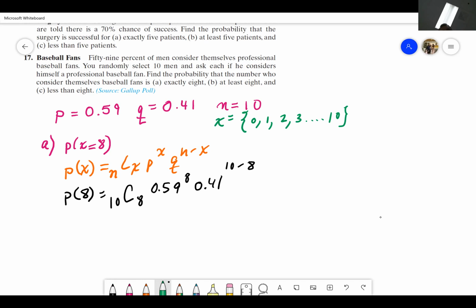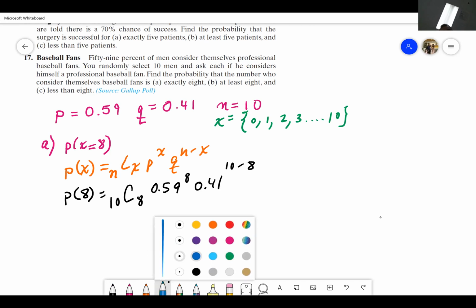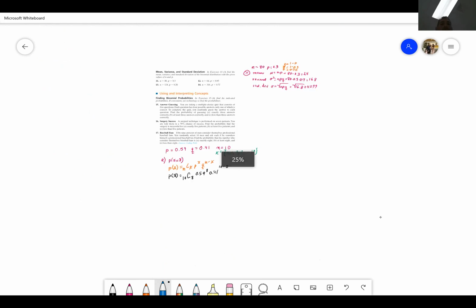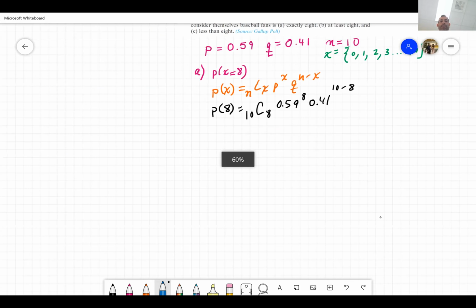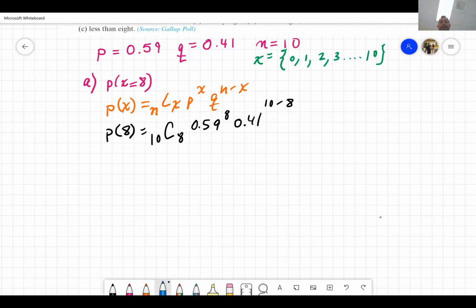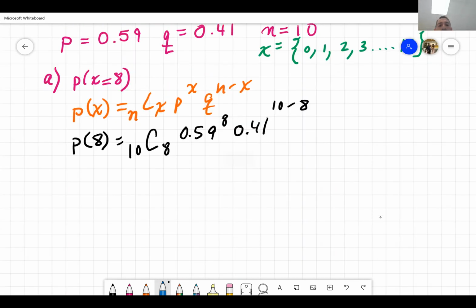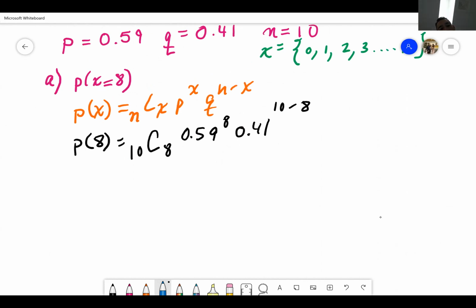So let's continue. Oh, I zoomed in. So the probability of 8 must equal, I'll just rewrite it, but I'm just going to simplify one of the powers, right?